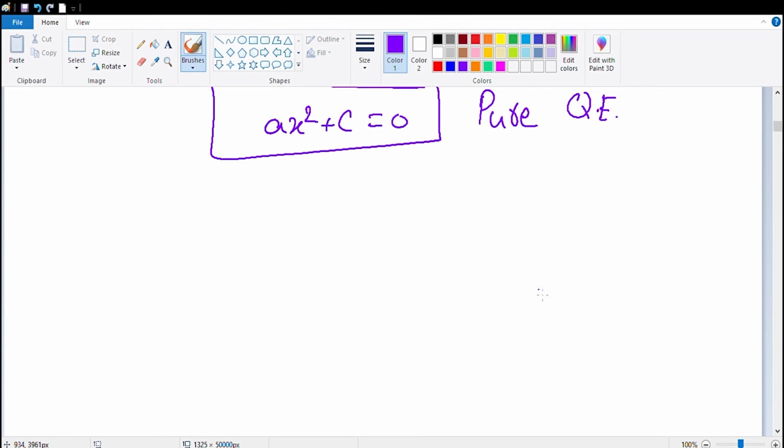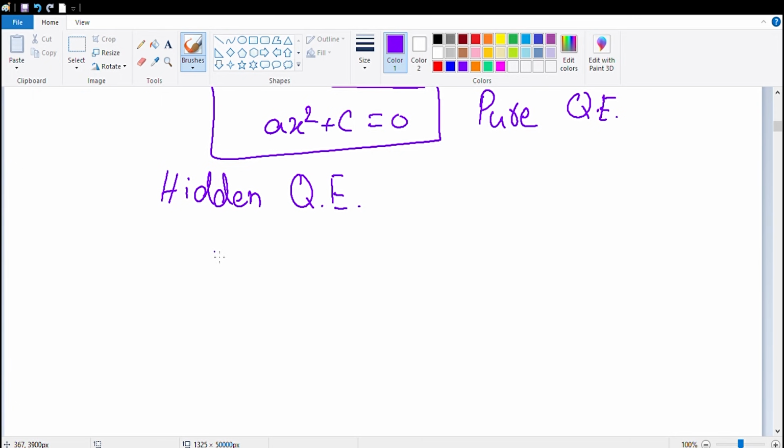Next on the list are hidden quadratic equations. So what are hidden quadratic equations? Hidden quadratic equations are the quadratic equations which don't really look like they're quadratic or actually equations at all.